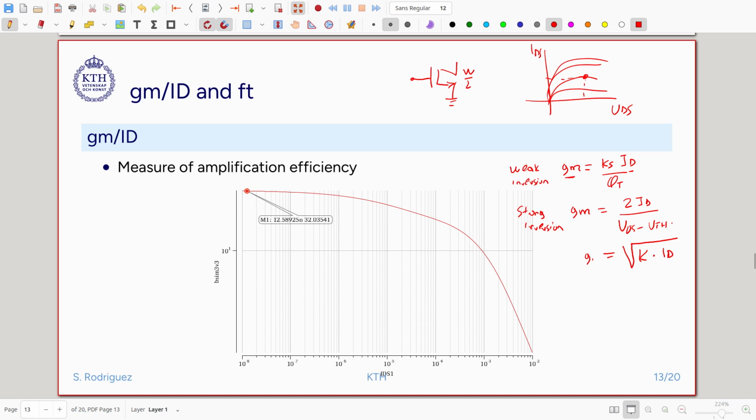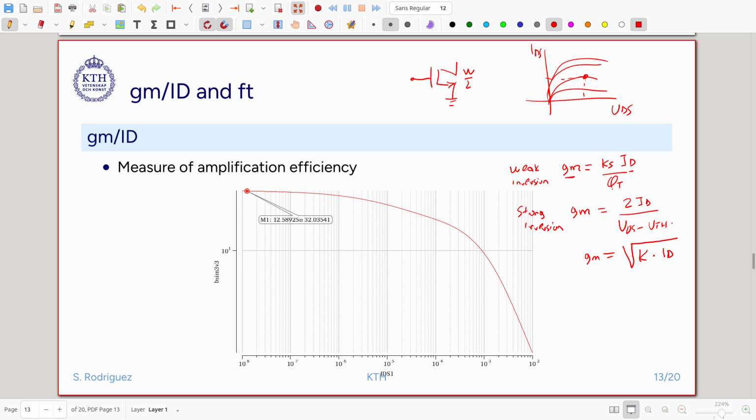Then it grows only with the square root. So in strong inversion, the transconductance, which is a parameter that amplifies the signal, grows much slower with the current than in weak inversion.